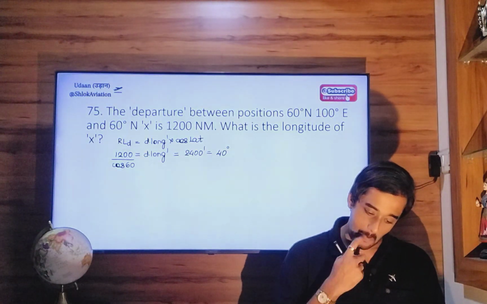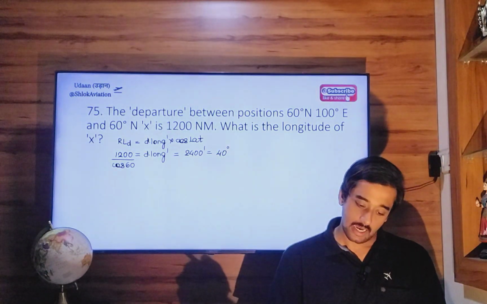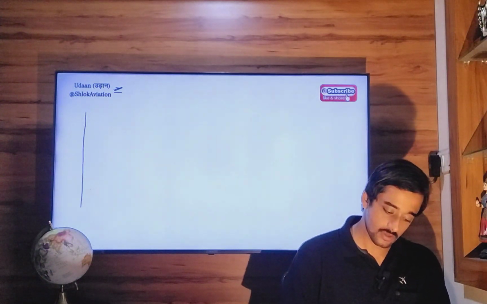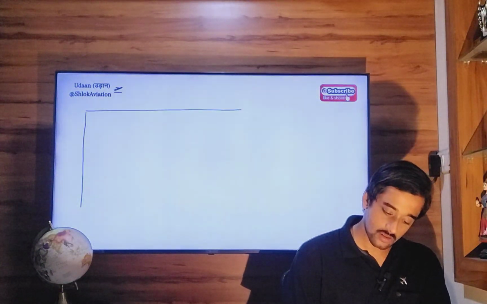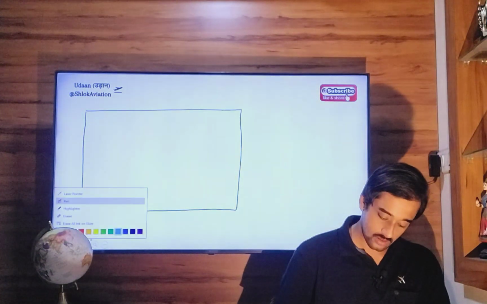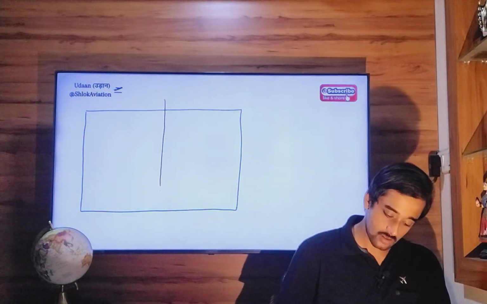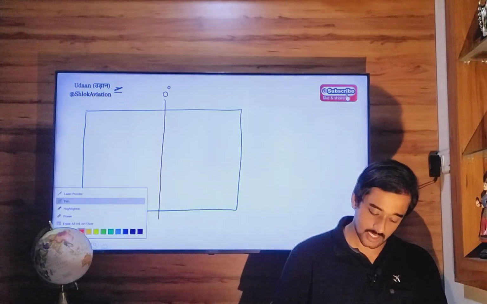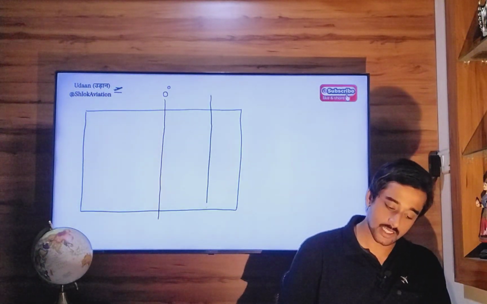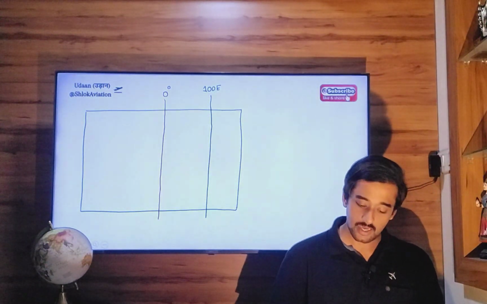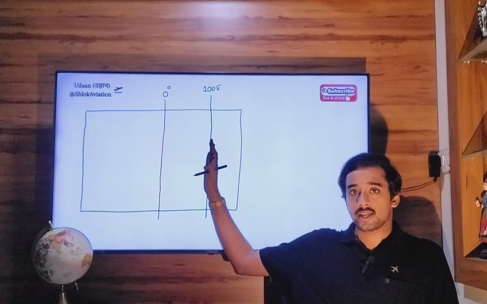Now, one position is, let's draw this. First position is 100 degrees east. So 100 degrees east is this, let's say. Now the second position can be to the east of this longitude or it can be to the west of it.